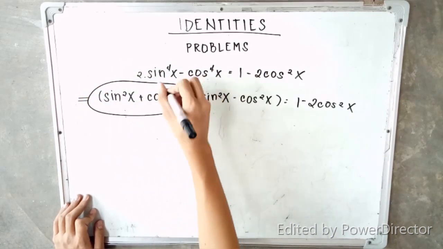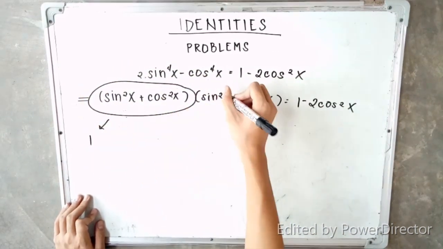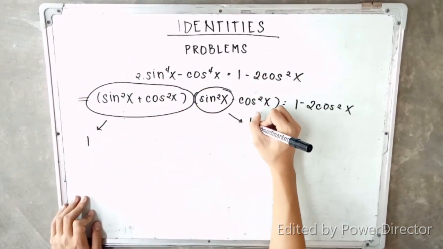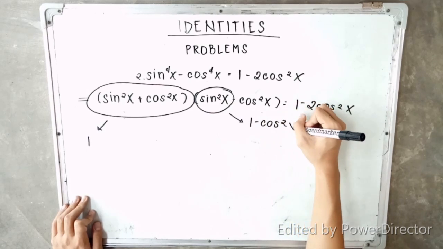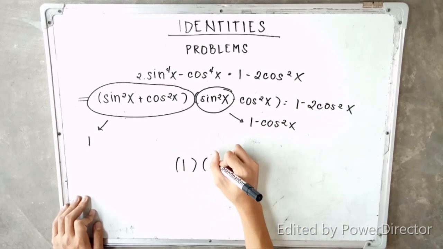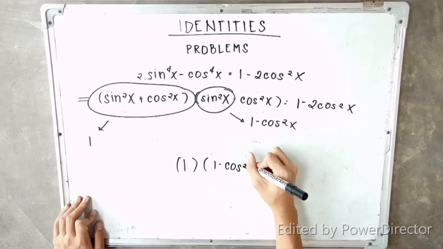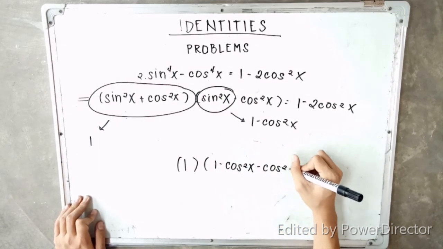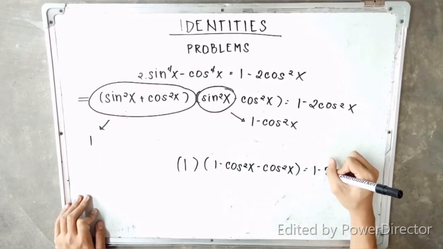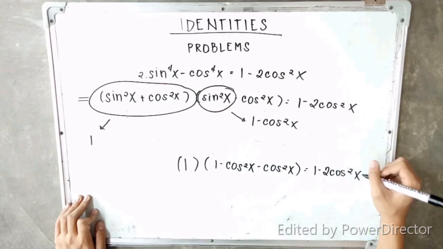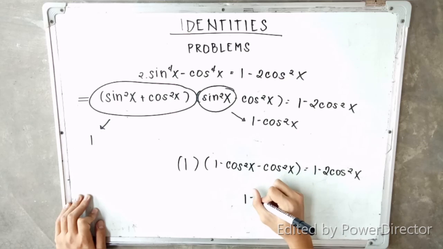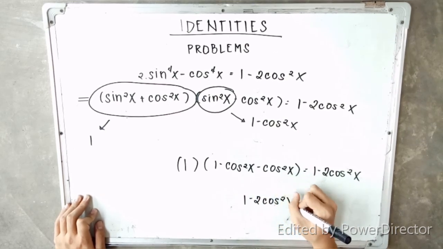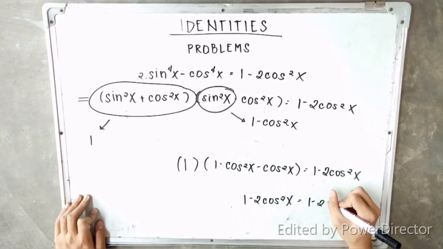Change sine squared x plus cosine squared x to 1, knowing sine squared x is equal to 1 minus cosine squared x. We end up with 1 multiplied by 1 minus cosine squared x minus cosine squared x equals 1 minus 2 cosine squared x. Add the two negative cosine squared x together to have 1 minus 2 cosine squared x equals 1 minus 2 cosine squared x.